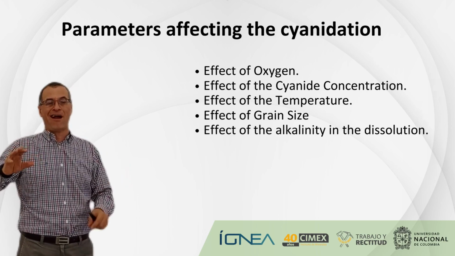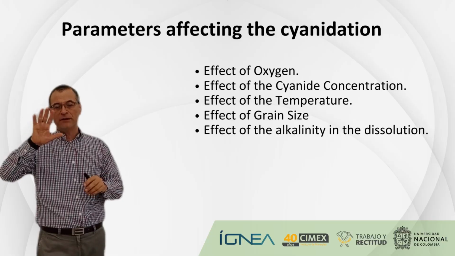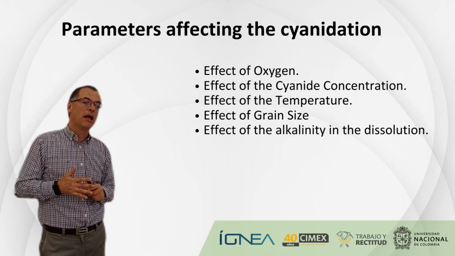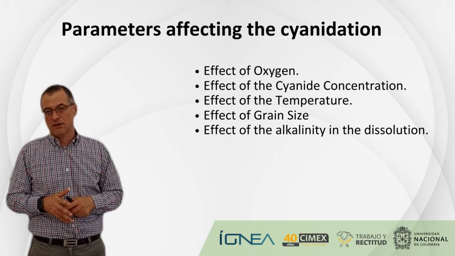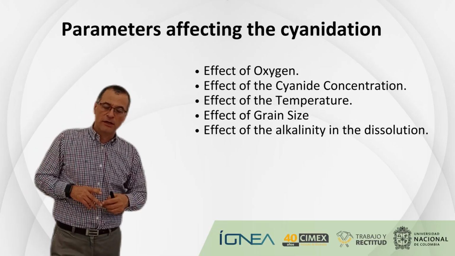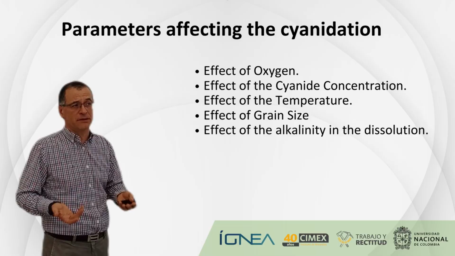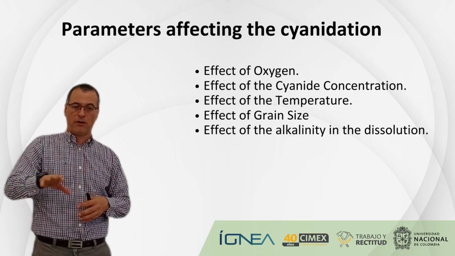And the most important now, we have at least five different parameters. One of them is the effect of the oxygen. Another is the effect of the cyanide concentration. Another is the temperature. Another important factor or parameter that controls the reaction is the grain size of the ore.